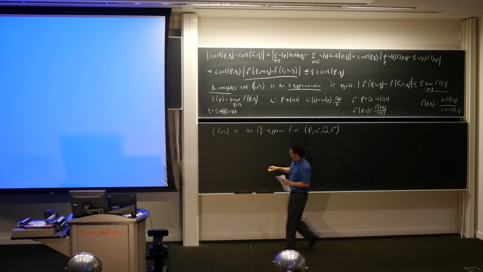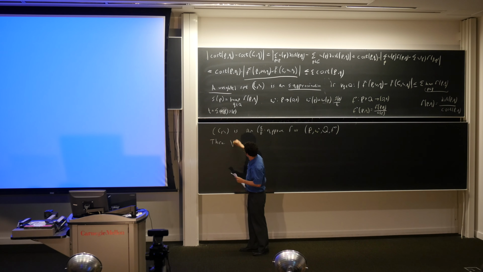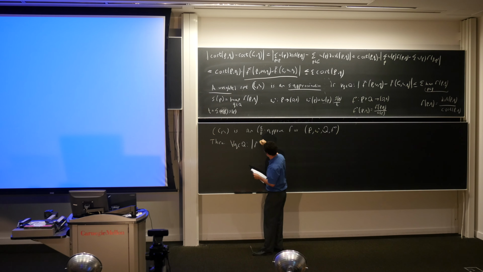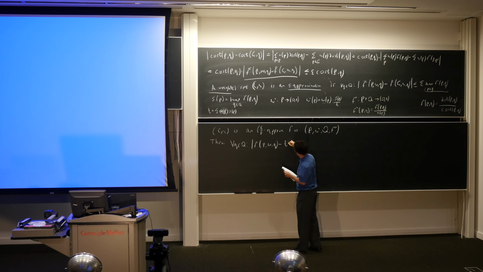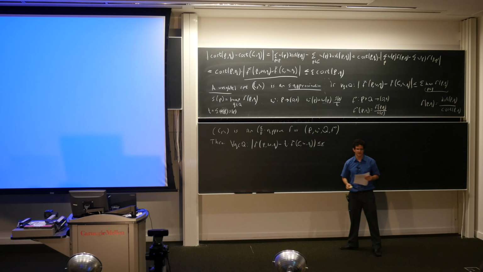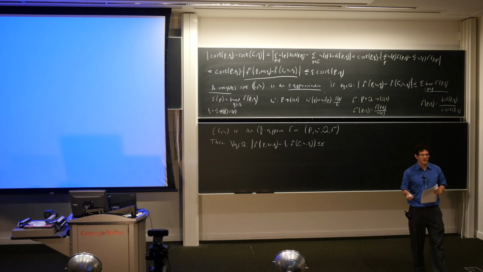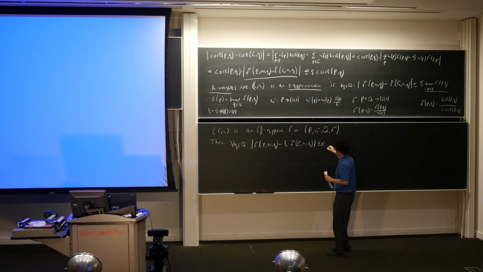The claim is that we have the property that we want. For every Q, the average weight of the query for the original points minus T multiplied by the average weight of the coreset is epsilon, without the max here. So actually this is a corollary. There's not too much to prove here. Just plug in the parameters and let's do it together.